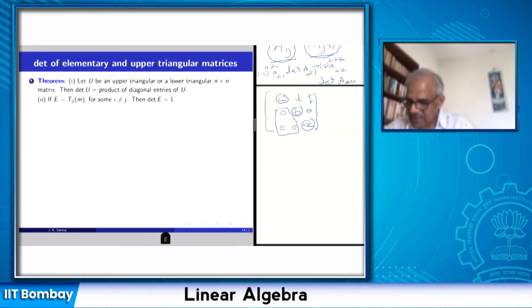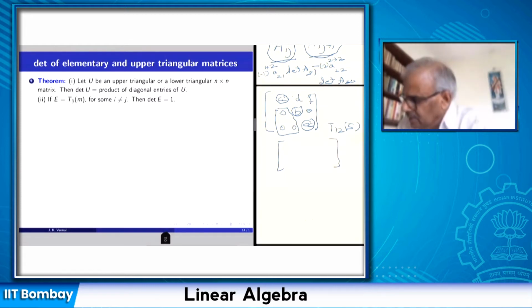So consider the elementary matrix Tij(m). That is, we are multiplying the ith row by m and adding to the jth row. When i is not equal to j, then the determinant of this matrix is 1. Remember how this matrix looks. Let us say T12(5).